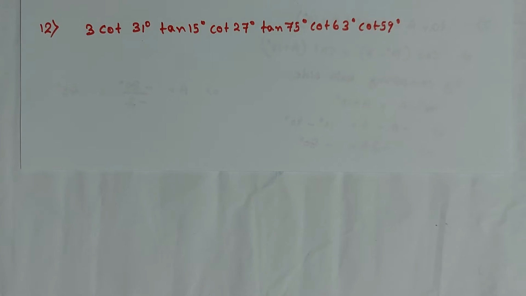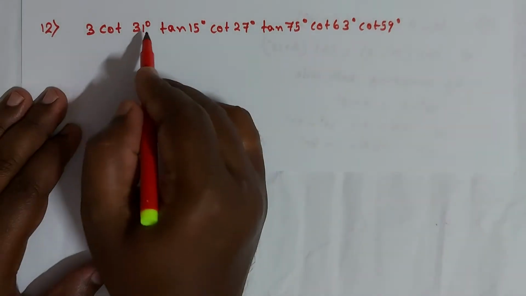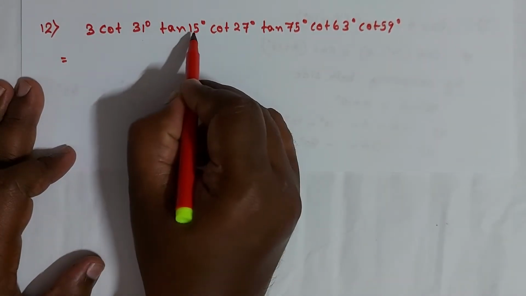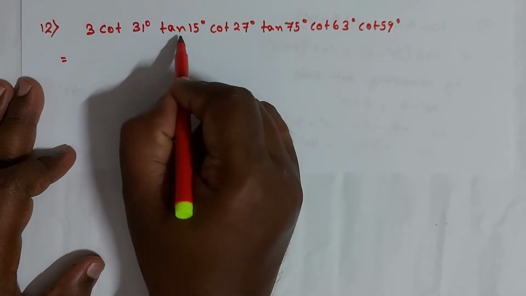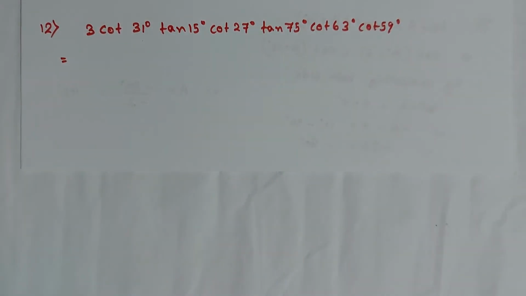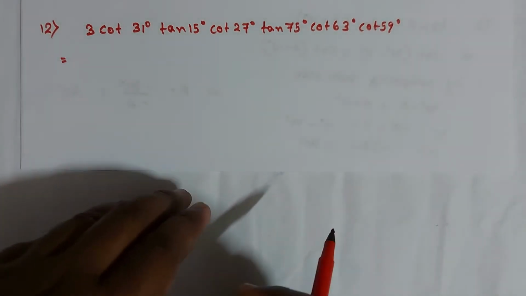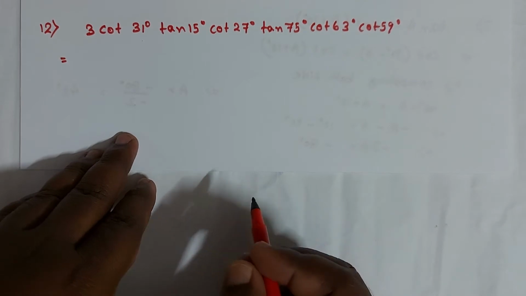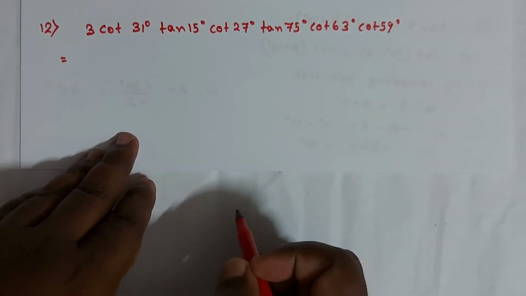First of all, find out two angles, like 31 plus 15 or 15 plus 75. In this way, find out two angles whose sum will be 90 degrees. They make the pairs. The sum should be 90 degrees.